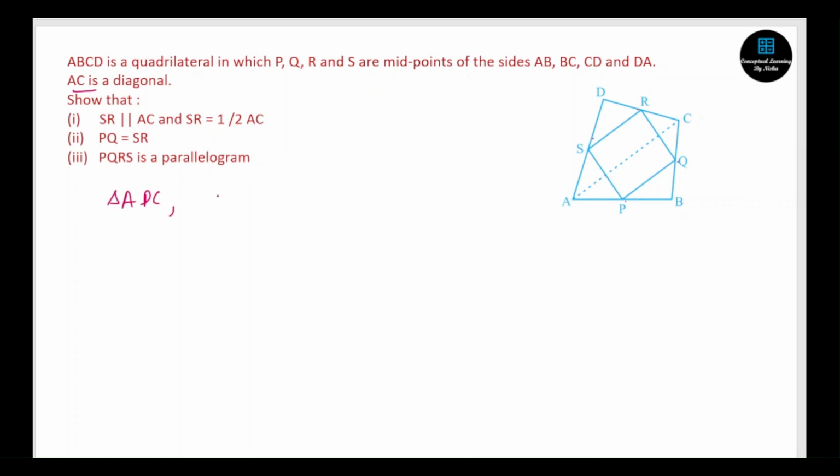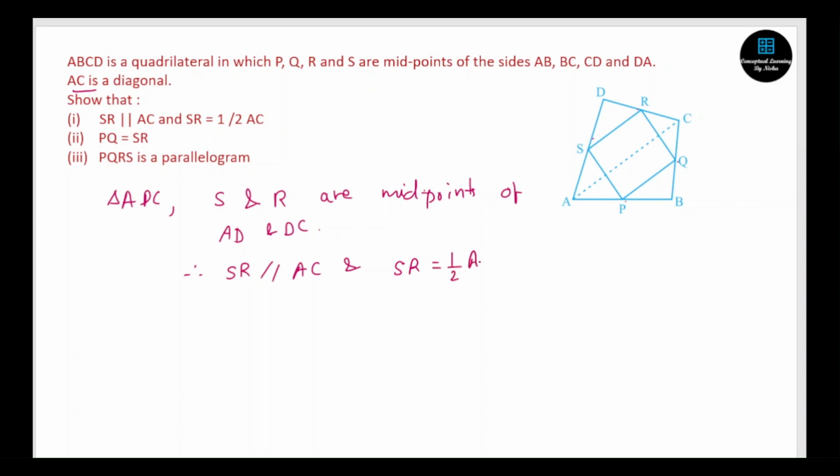So in triangle ADC, S and R are midpoints of AD and DC. Correct? Therefore, by midpoint theorem, yes, SR is parallel to AC and SR is half of AC. So, first result, we have proved this by midpoint theorem, right? Alright.